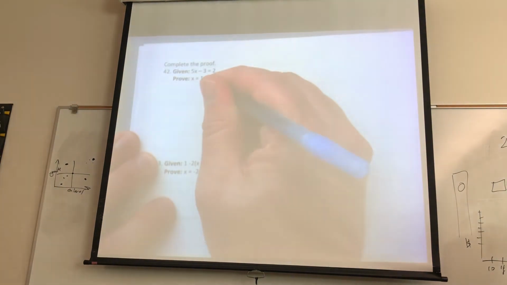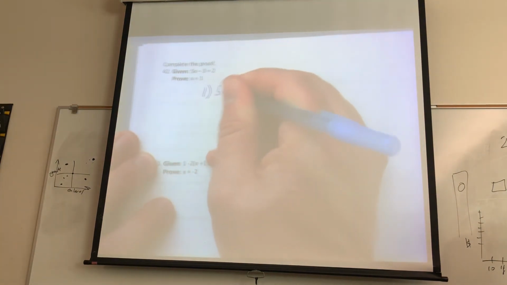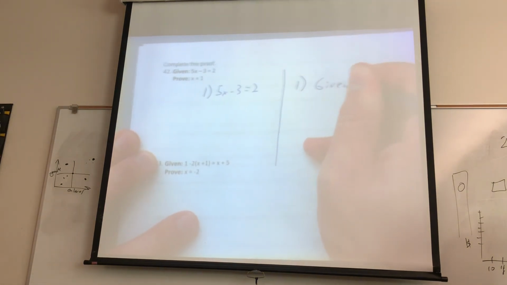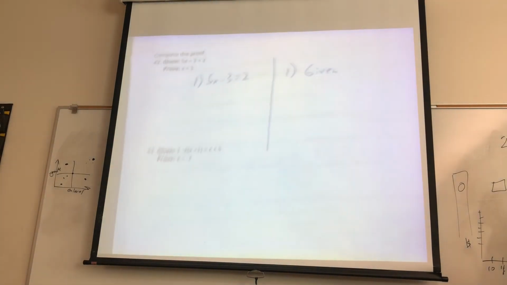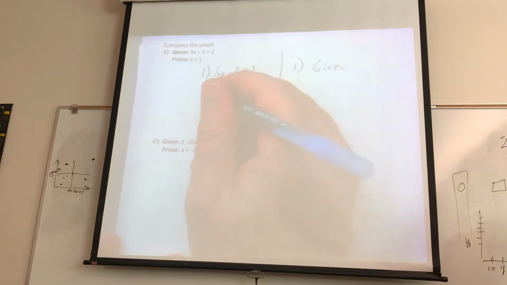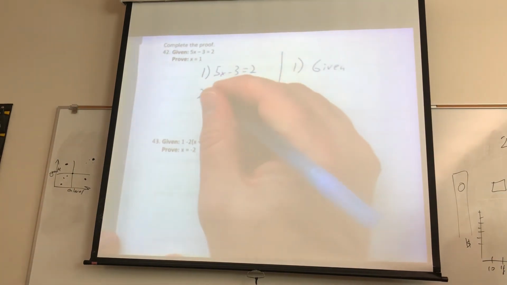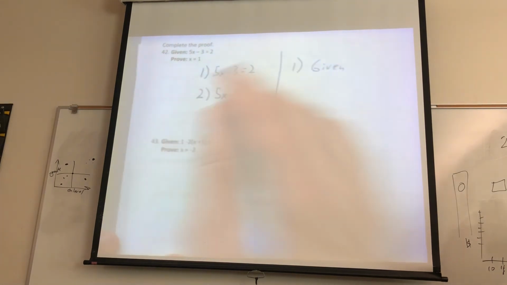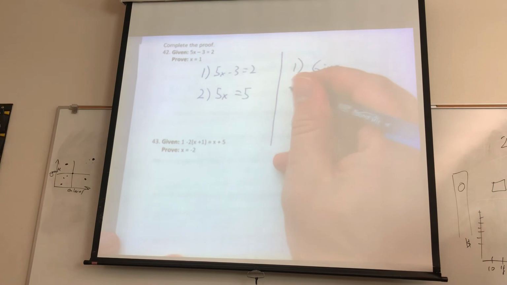So the first thing is we have 5x minus 3 equals 2. In my other column, the reason for that is it's given. Always start with what you are given. The next thing I'm going to do is add 3 to both sides. So for number 2, I'm going to get 5x is equal to 5. Because I added 3 to both sides, that would be the addition property.